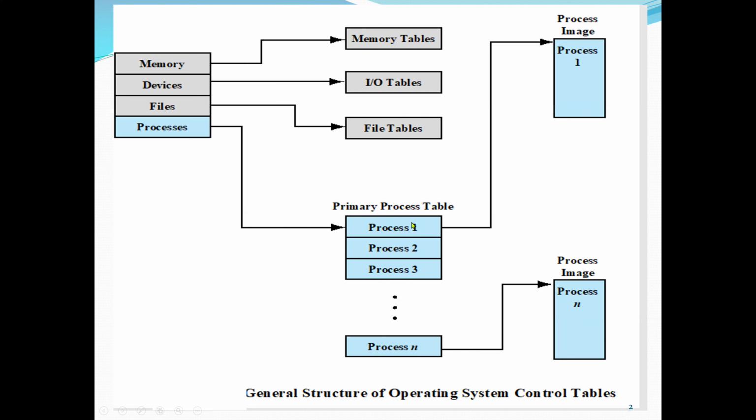Again, there are four different types of tables maintained by the operating system: the memory table, the I/O table, files, and the process. Although the details will differ from one operating system to another, fundamentally every operating system maintains information in these four categories.